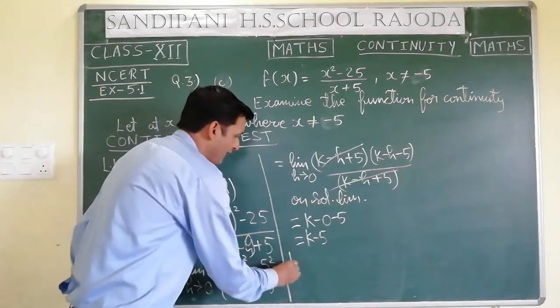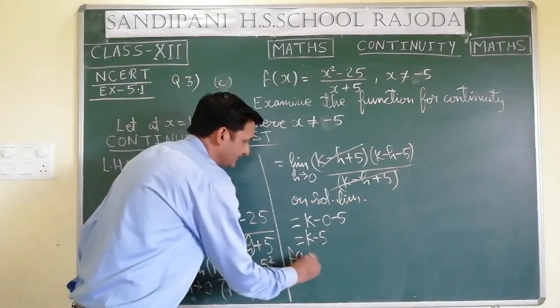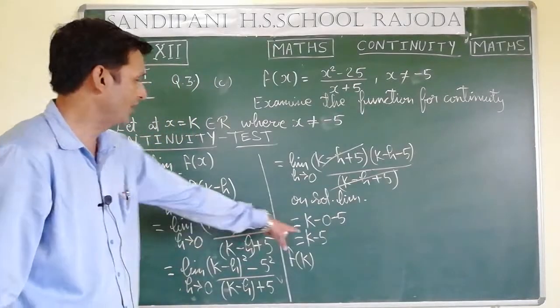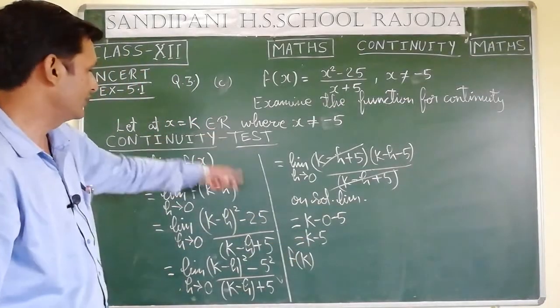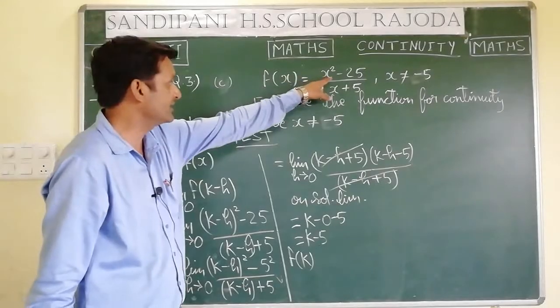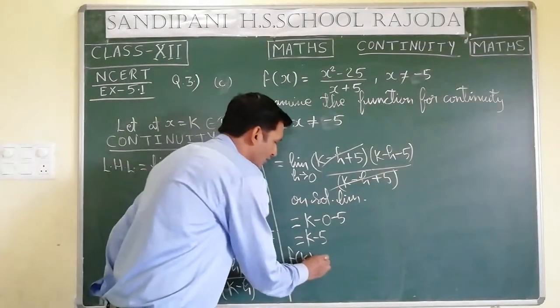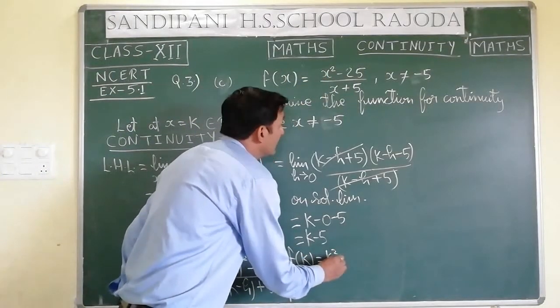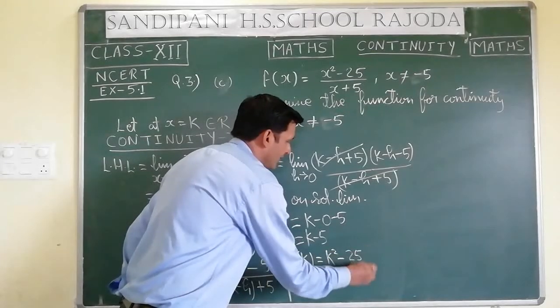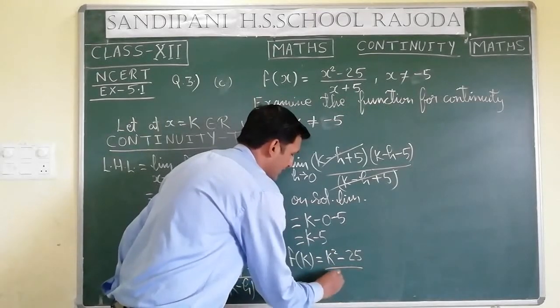Now f of k. We have got the left hand limit value, now we have to put x is equal to k directly in this function. So it will be k square minus 25 upon k plus 5.